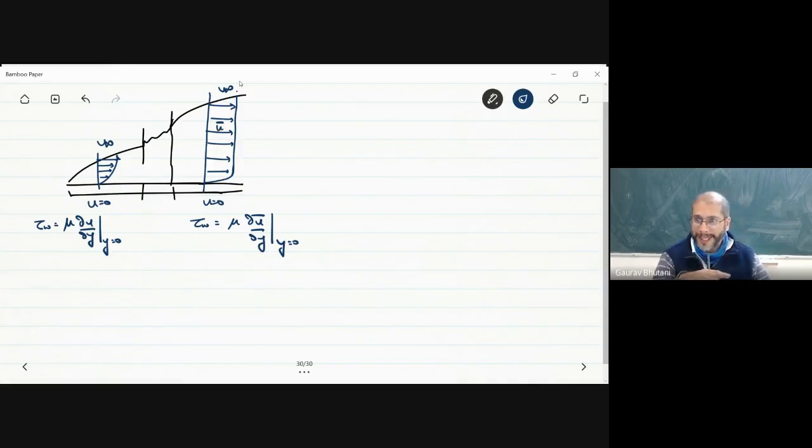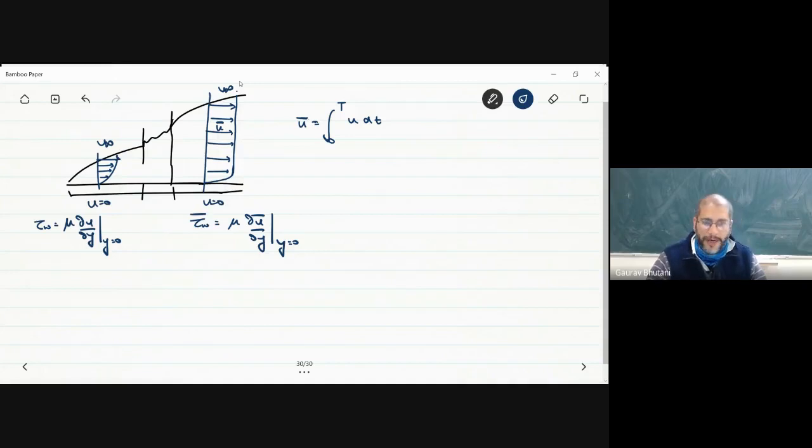U bar means time average. So u bar is defined as the integral from 0 to some time of u times dt, because this u inherently is a function of time, it is fluctuating. So what you do is you take some sort of an averaging device, and then you take lots of measurements, and you take an average, and that is how you get u bar, that is the average velocity in the x direction.